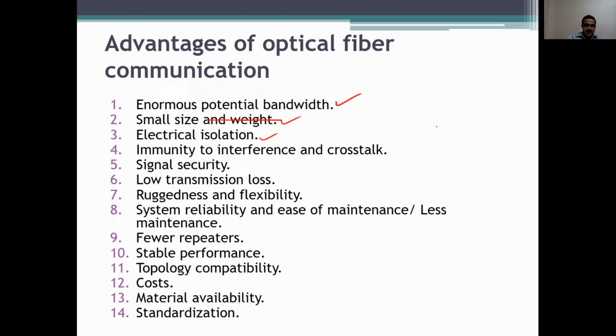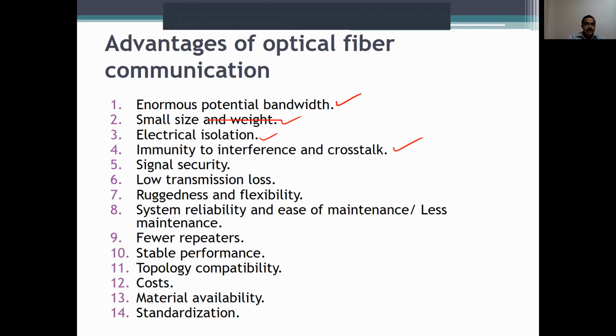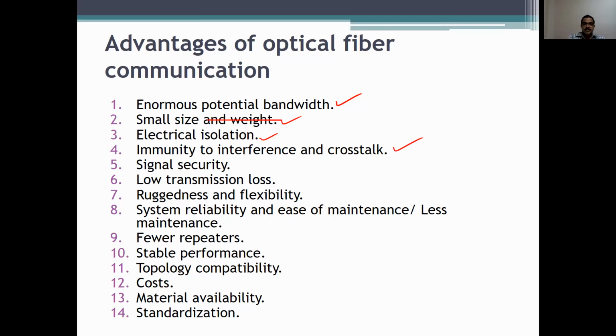And the fourth advantage is immunity to interference and crosstalk. What do we mean by immunity to interference and crosstalk? There is no chance of leakage of information between neighboring communication channels. Usually with landlines, during the rainy season, when you pick up your landline phone, you may hear other sounds, like others speaking in between.